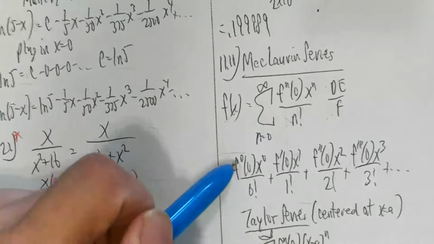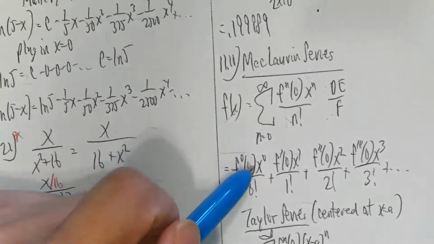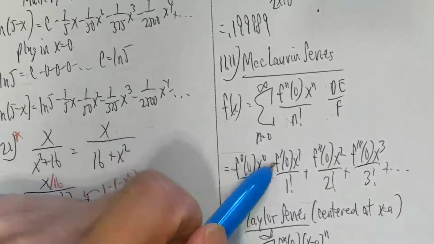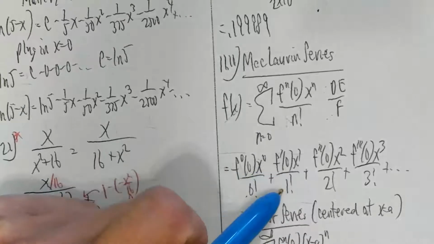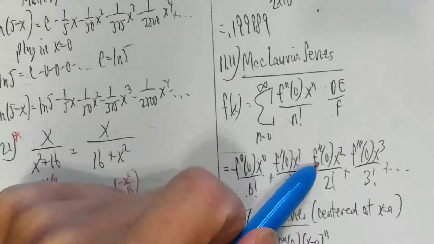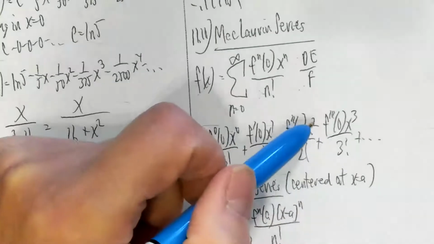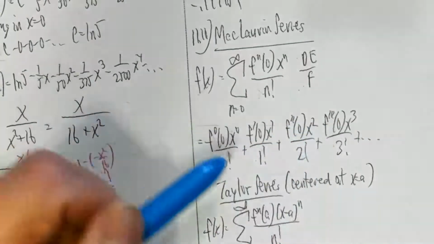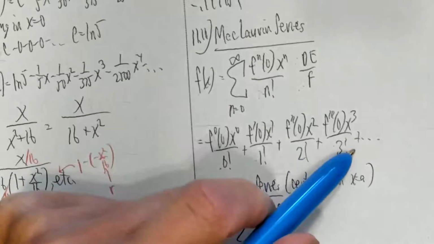So it's f^(0) of 0, x to the 0 over 0 factorial, f prime of 0, x to the 1 over 1 factorial, f double prime of 0, x squared over 2 factorial, f triple prime of 0, x cubed over 3 factorial, plus dot, dot, dot.